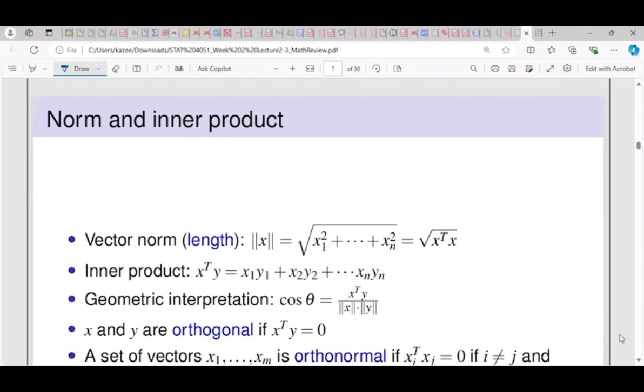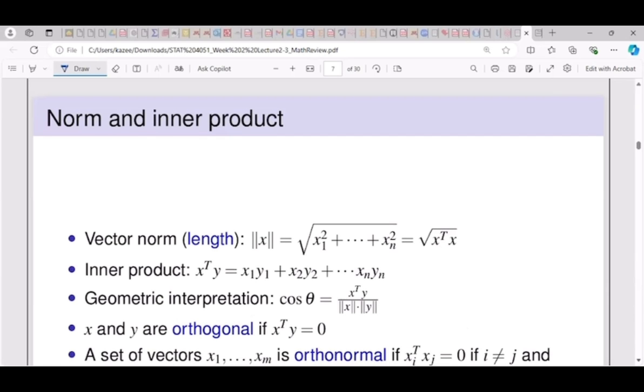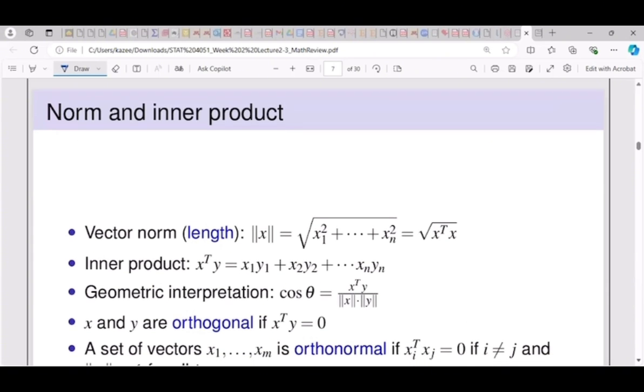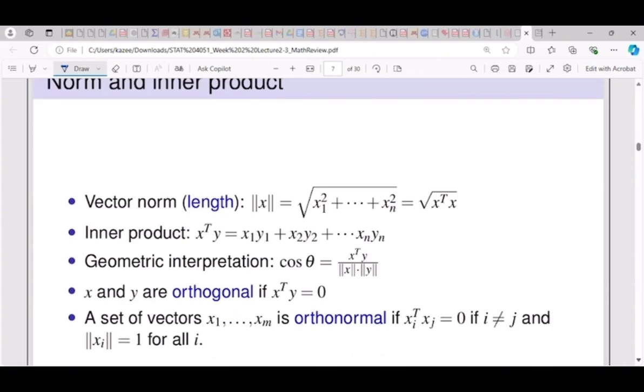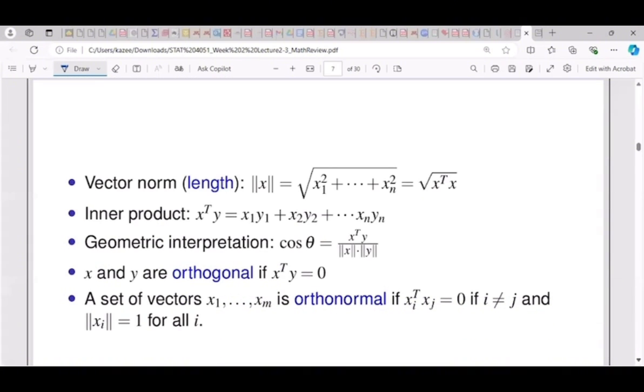Now, going to the geometric interpretation, the combination of the inner product and the vector length will enable us to capture the angle between two vectors. When you take a look at computer graphics, angle representation is crucial.